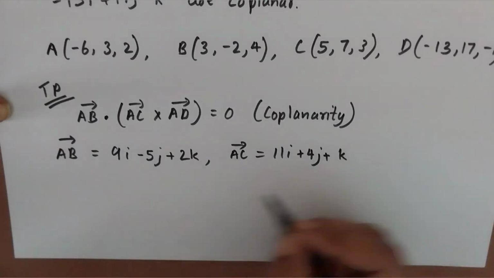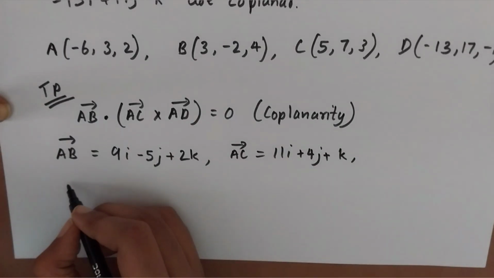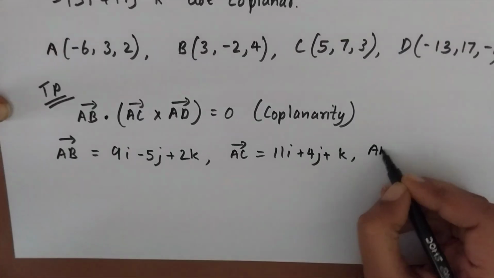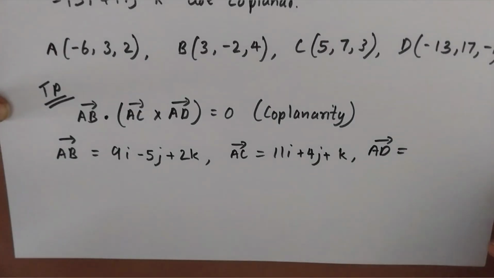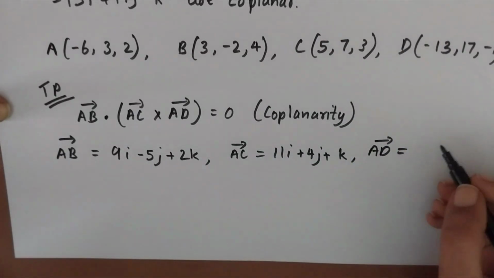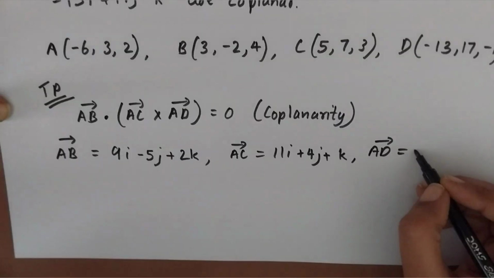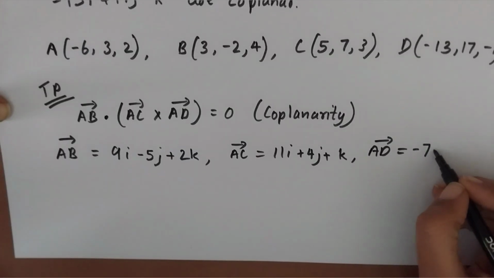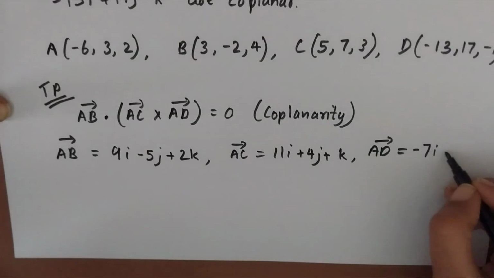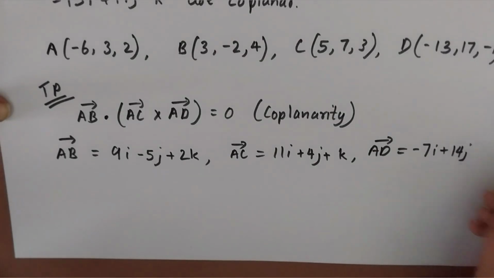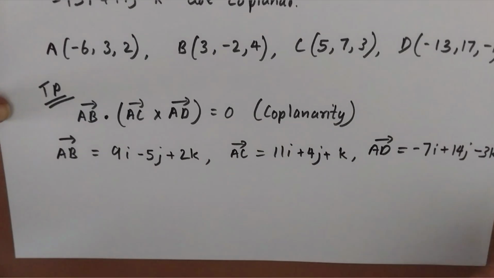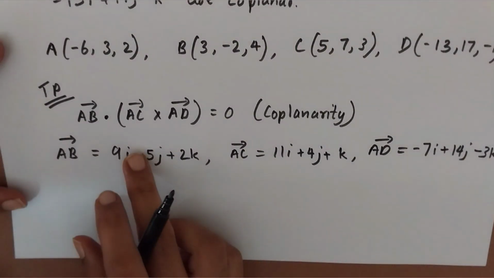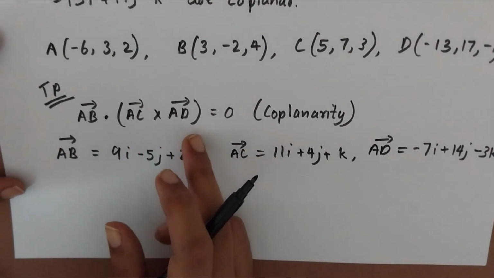This is vector AC. Now vector AD: minus 13 minus 6 is minus 7i and 17 minus 3 is 14j. Minus 1 minus 2 is minus 3k.